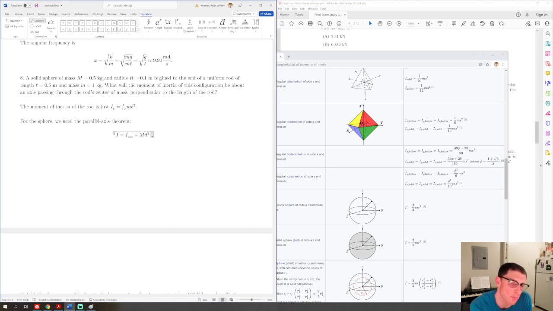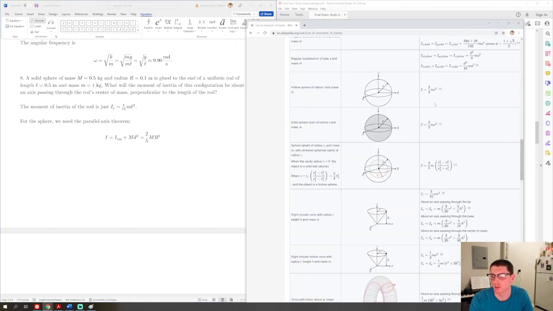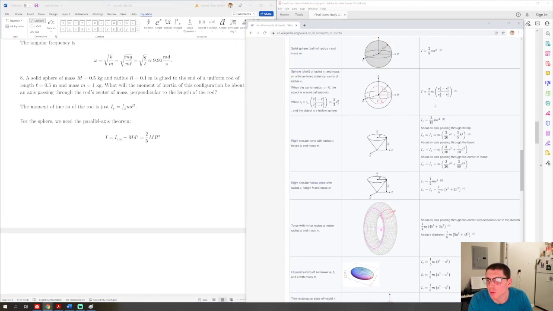So it's the distance from the center of mass axis to the axis of rotation we want to calculate the moment of inertia for, right? I can do number 22 after this. So the moment of inertia about the center of mass we just found was 2/5 mr squared, from the table they have here on Wikipedia.